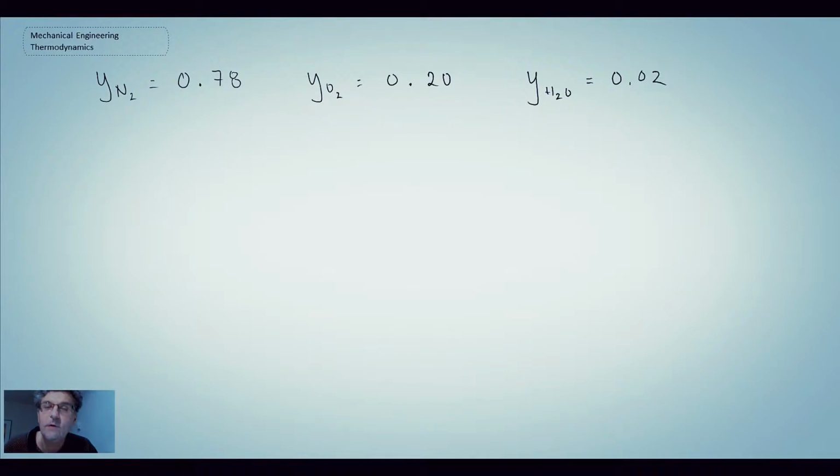And the other thing that we're going to want to do at this point is look up the molar masses in the tables in the back of your books. Any thermodynamics book that you're using should have tables in the back. I am using Cengel and Boles, and there's a table, Table A-1, that has the different values that we will need for this.